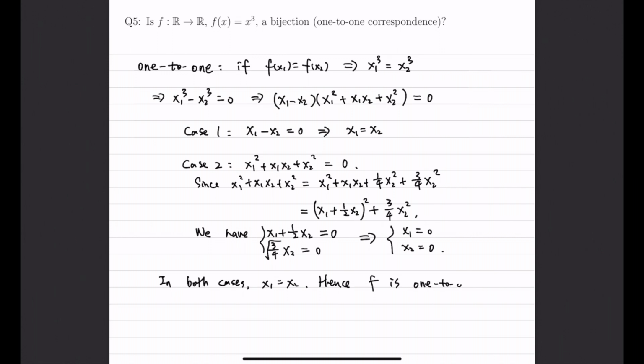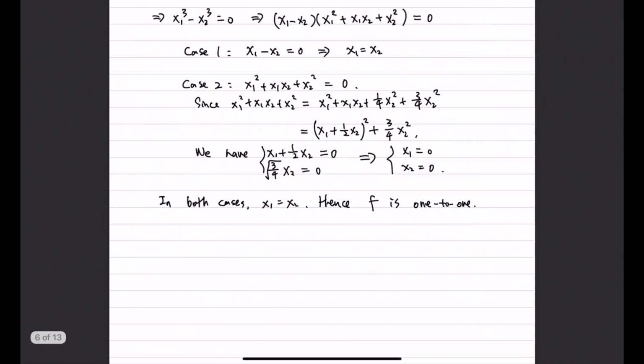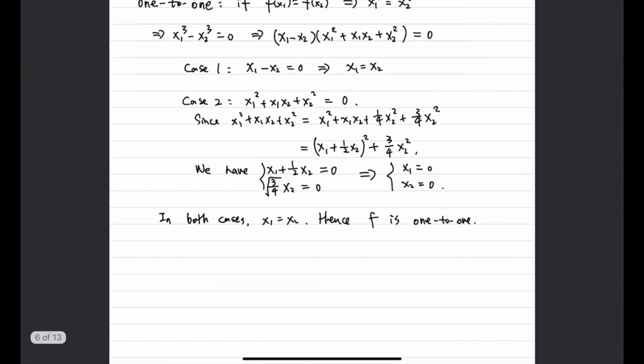And next we need to show that f is onto.